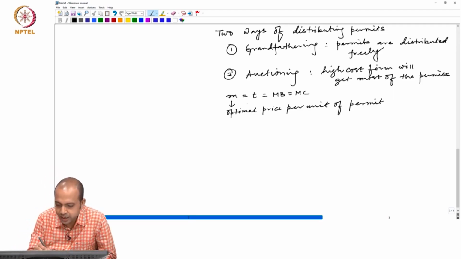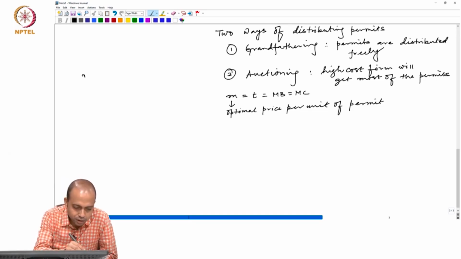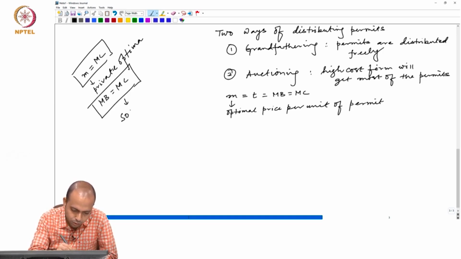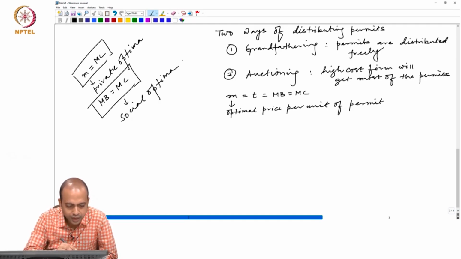Like the private optima, M equals MC is called private optima, then MB equals MC is social optima, and then M equals MB equals MC.